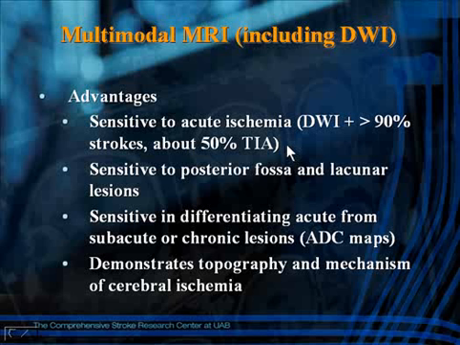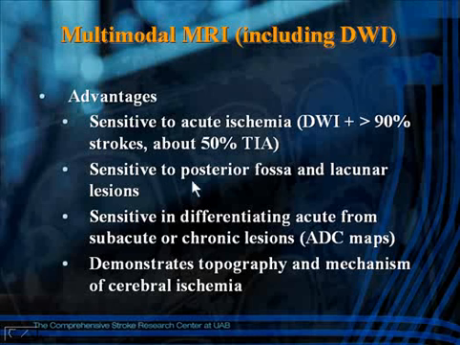In fact, MRI is now recommended as the preferred imaging modality for patients with resolved symptoms such as TIA, because you can prognosticate the risk of TIA recurrence based on presence or absence of a lesion on DWI and presence or absence of a vascular obstruction on MR angiography or MRA.